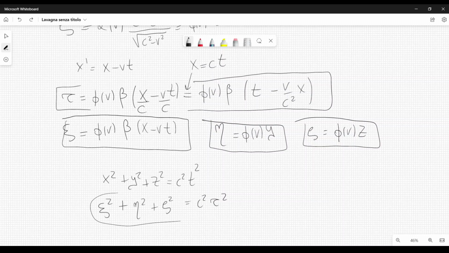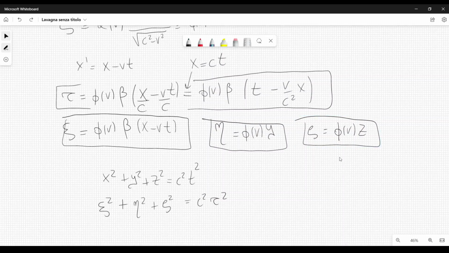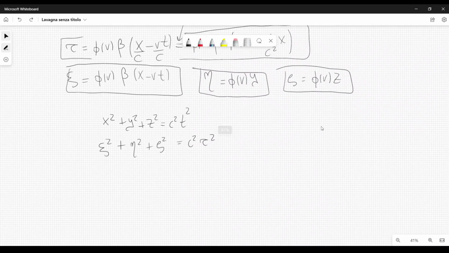For example, you take this and you substitute the equations that we found above, and you will get that this equation will have to be satisfied. Now, if we want the transformations from xi, eta, zeta, tau to x, y, z, t, which are basically the inverse of these laws, the form of the equations will remain the same, actually.